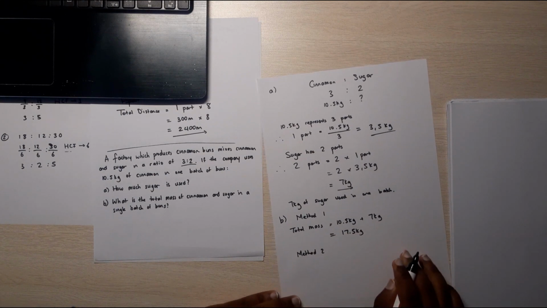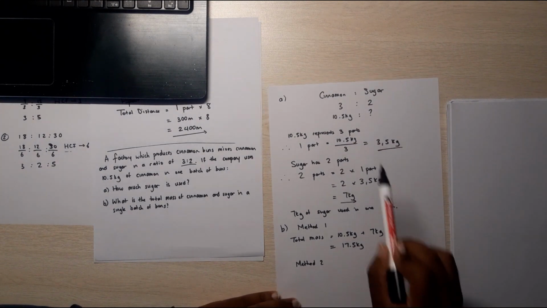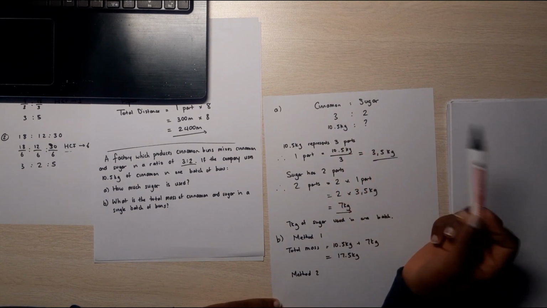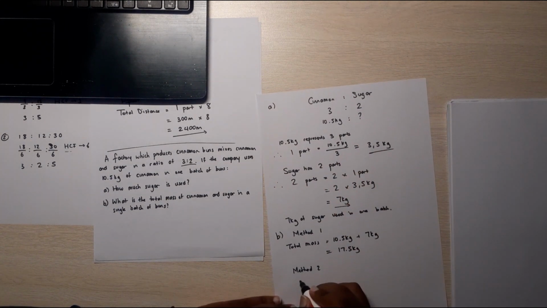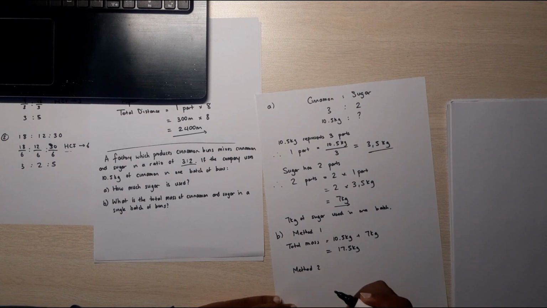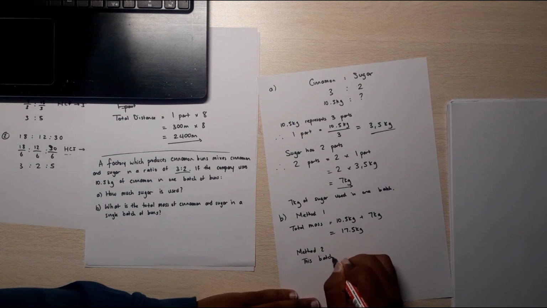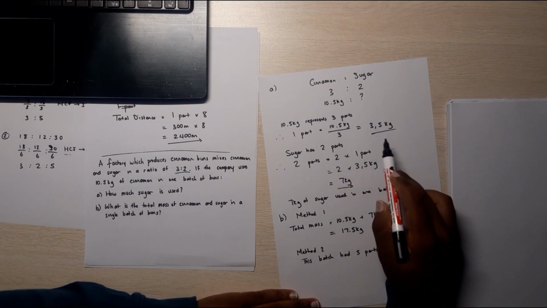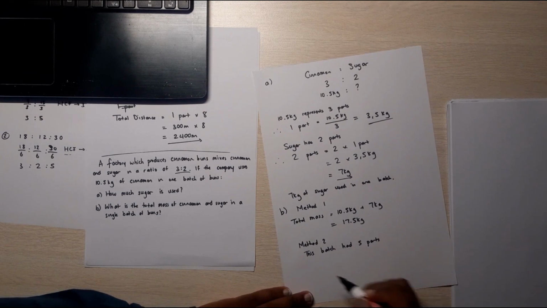Method two is, in this ratio, there are 5 parts. 3 plus 2 is 5. But we know that one part is 3.5 kilograms.